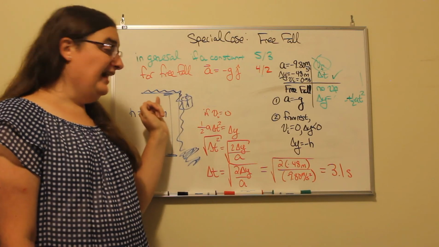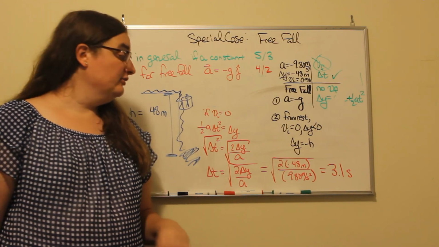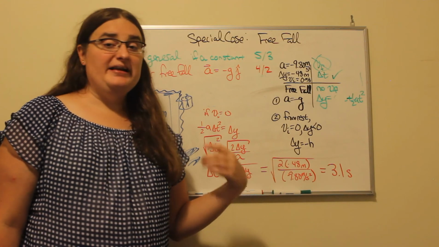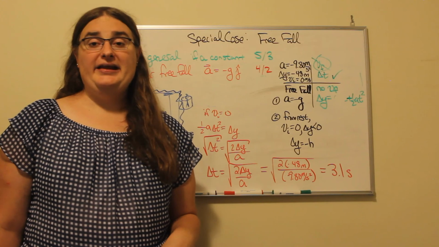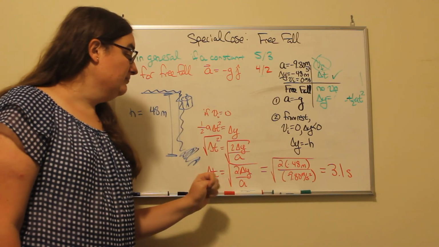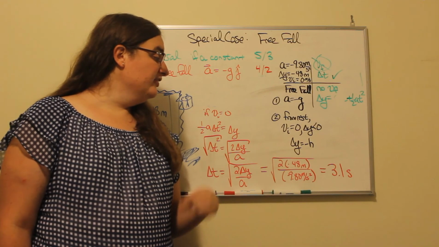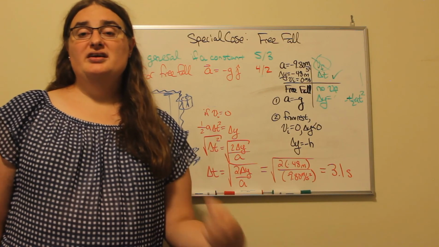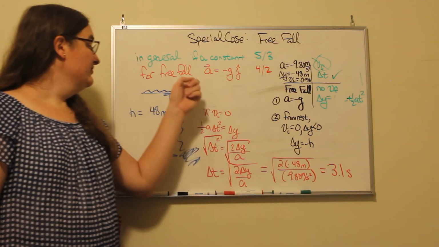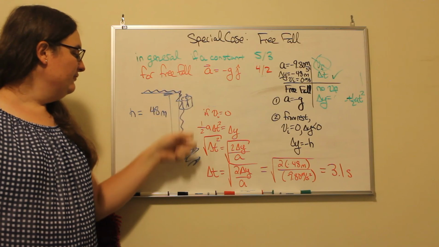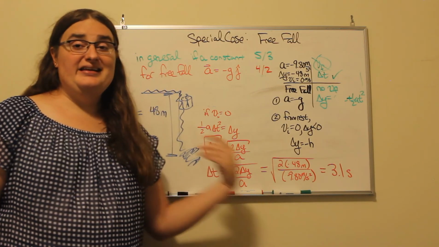We asked to find the time, and seconds measures time, so our units are checking out. 96 divided by 9.8 gives me right around 9.8 on my calculator, and when I take the square root of that, I get a value of 3.1 seconds. So that's how long Dave Munday spent in free fall before his barrel crash landed at the bottom.